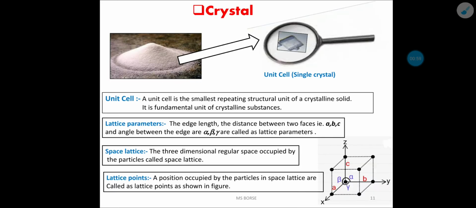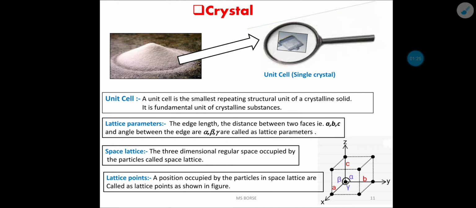Now we will see the crystal structure, that means in microanalysis. If you see a crystalline compound under a microscope, you will find a very fine crystal, that means the fundamental unit of the crystal.